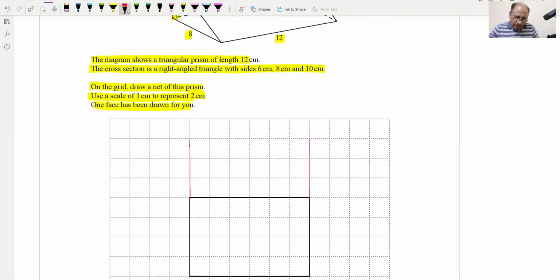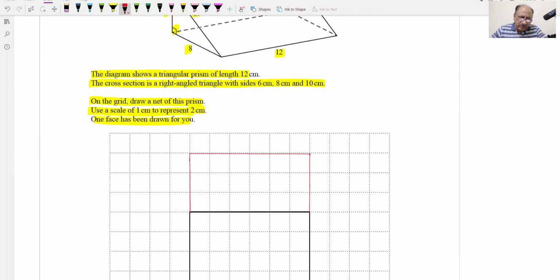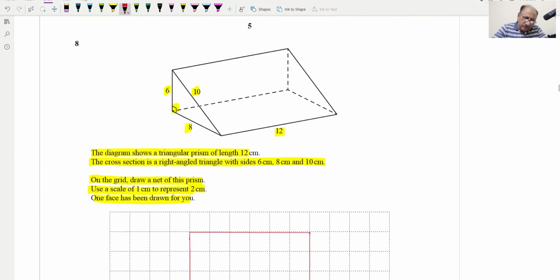And now we can join this, so it will be 6 and 10. So 6 and 10 is basically this drawing which we will highlight. This is basically the 6 and 10 side which we have drawn.